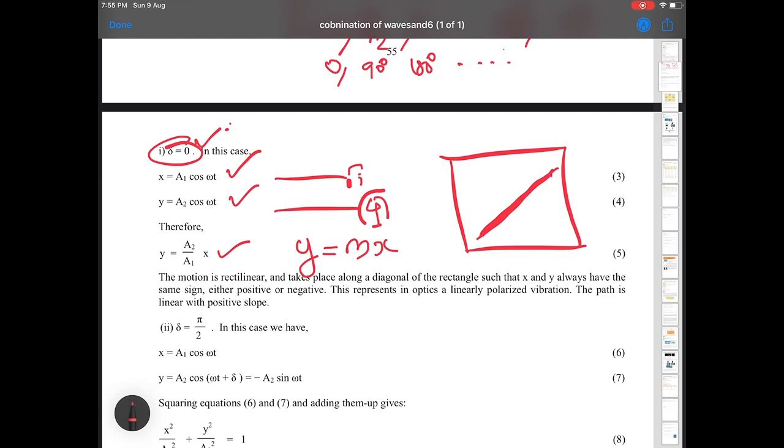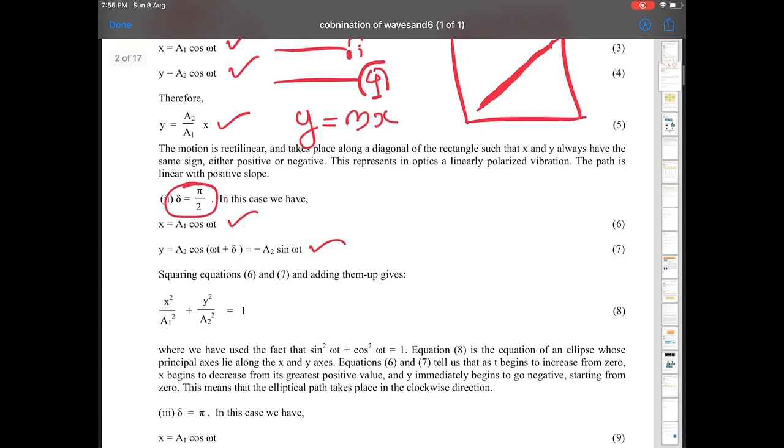And of course, if the phase difference is pi by 2, that means 90 degree, we can simply rearrange, because we know that cos of 90 plus theta is equal to minus sine theta. So this is the x wave, this is the y wave. When we combine them, you just square and divide these equations, and we reach this form, right? Look at this.